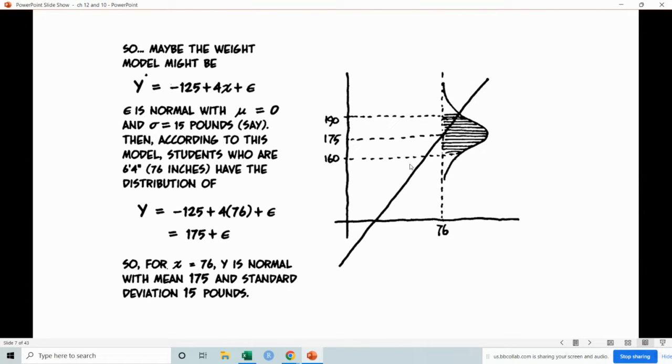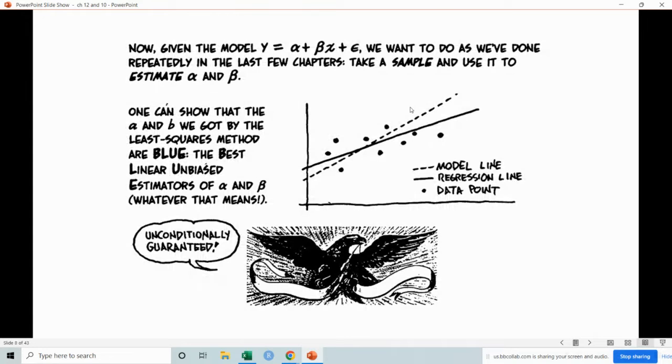So somebody that is 6'4", roughly within 2 standard deviations, should be between 160 and 190 pounds. Now, given the model y equals alpha plus beta x plus the error term, we want to do, as we've done repeatedly in the last few chapters, take a sample and use it to estimate alpha and beta.